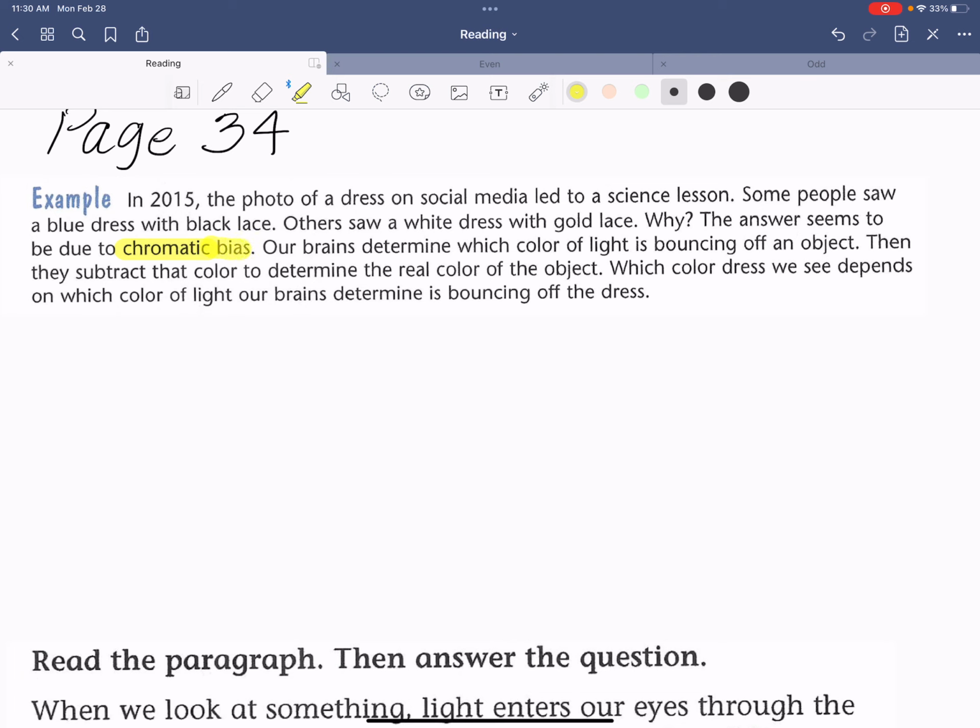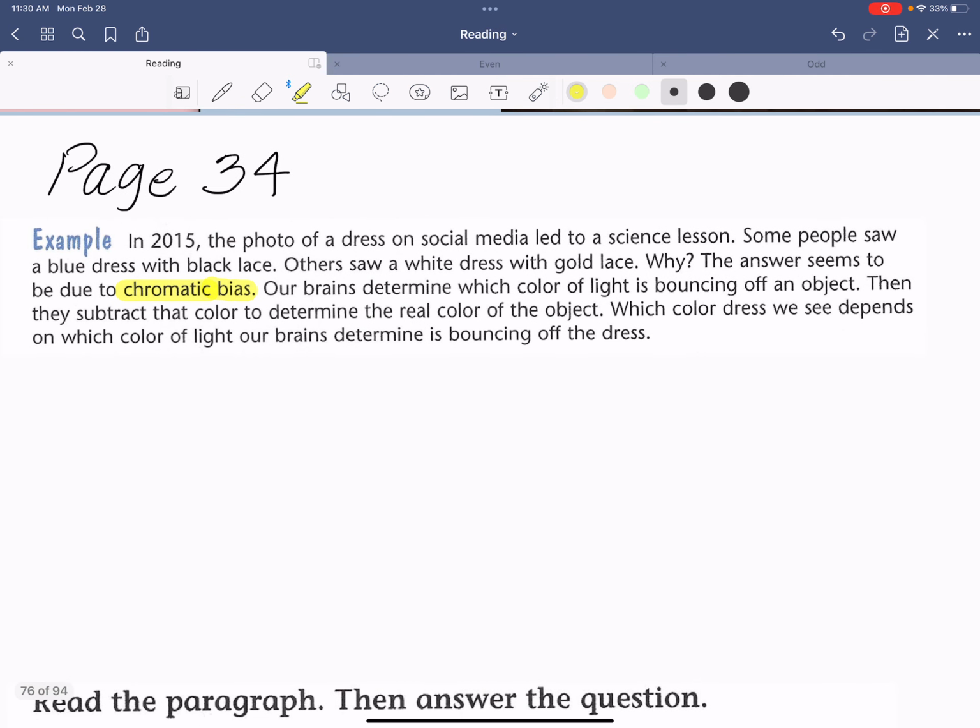And also bias. That would be another word that we don't see very often. We're familiar with words like dress, blue, black, brains, color, bouncing. Those are all words that we use on a fairly regular basis. But chromatic bias, that is a tough phrase.